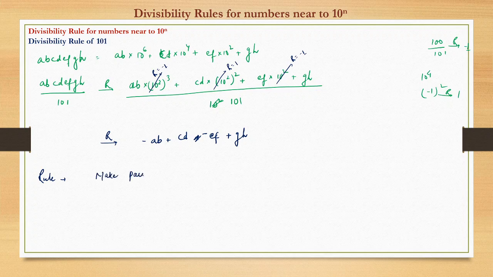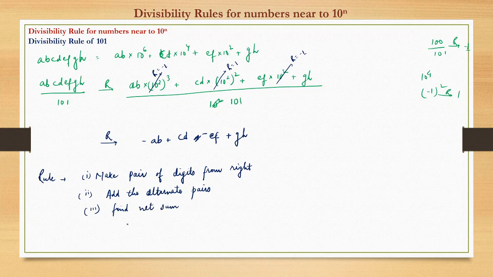So the rule becomes: make pairs of digits from right, then add the alternate pairs, find the effective sum, the net sum.